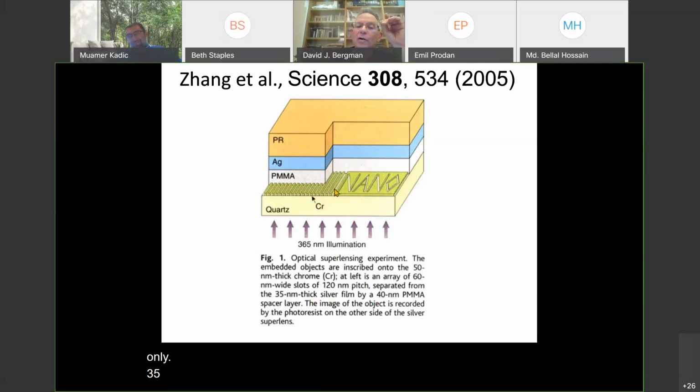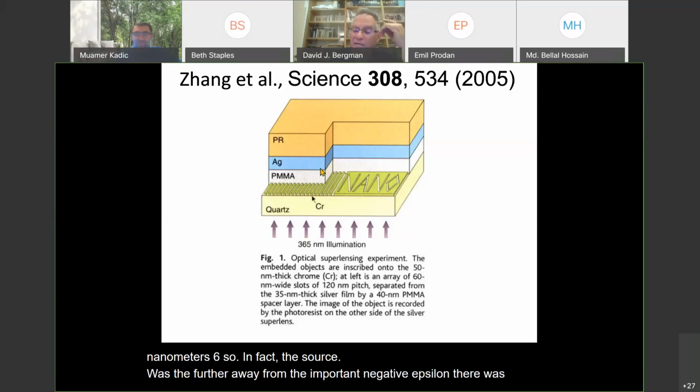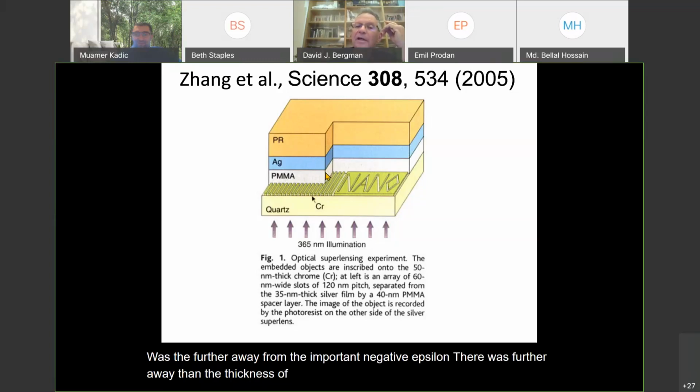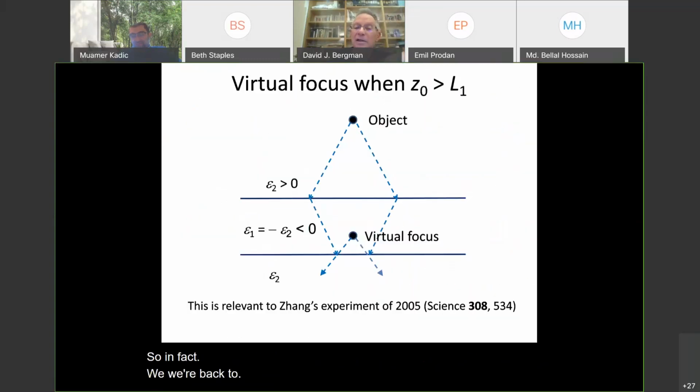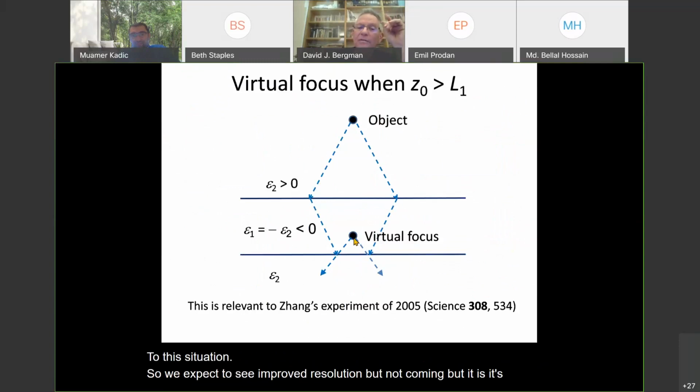So in fact, the source was further away from the important negative epsilon layer than the thickness of that layer. So in fact, we are back to this situation. So we expect to see an improved resolution, but it's all coming from a virtual focus.